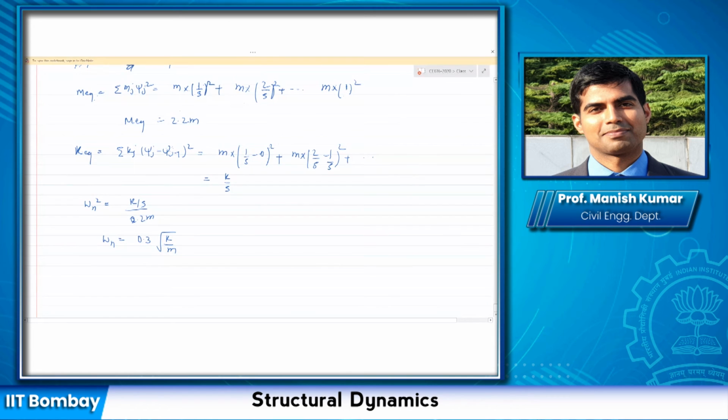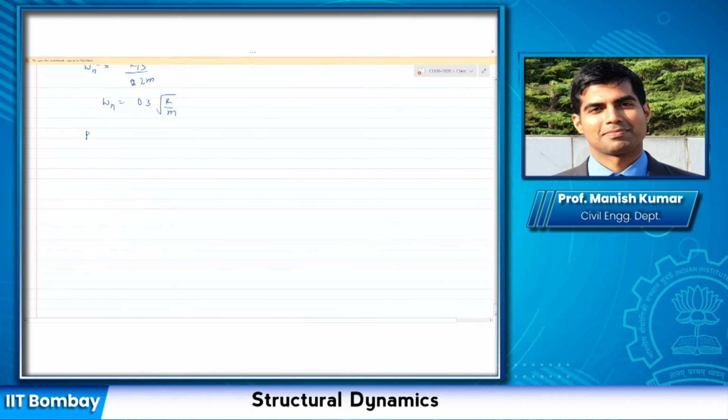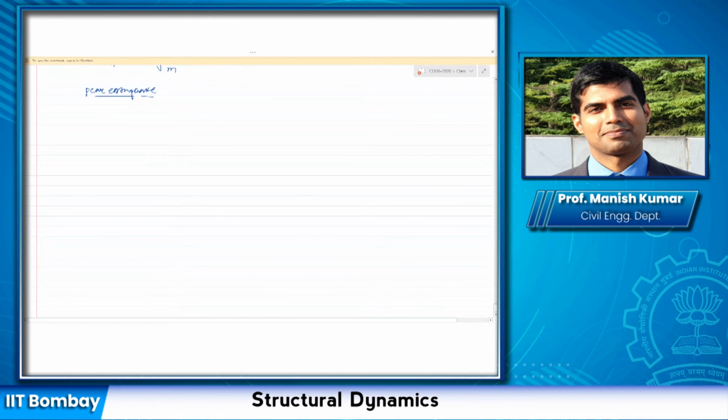So that brings me to the last topic, which is how to get the peak earthquake response of a multi-story building. Now for the peak earthquake response, again the procedure is exactly similar to what we did for a continuous system. Remember, for a continuous system, I am going to represent this building, here a multi-degree of freedom system.